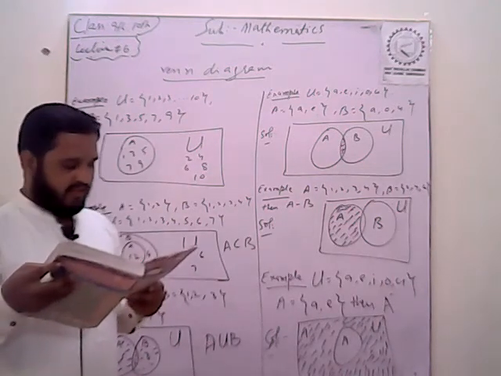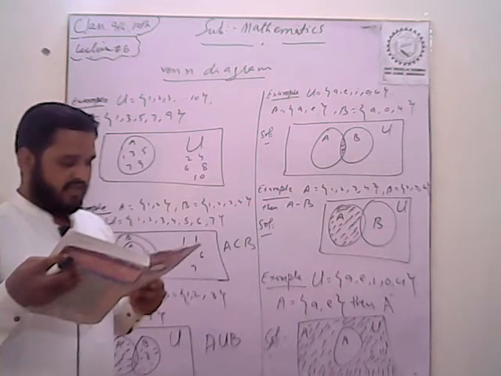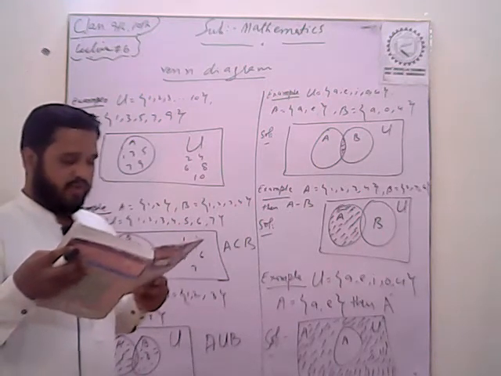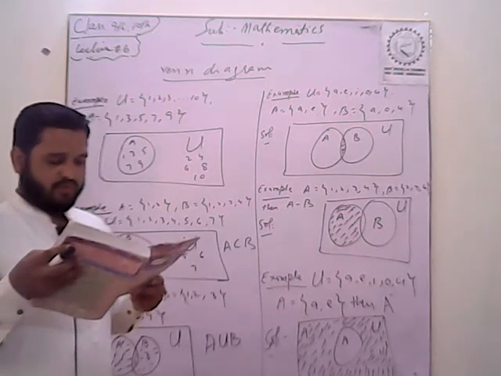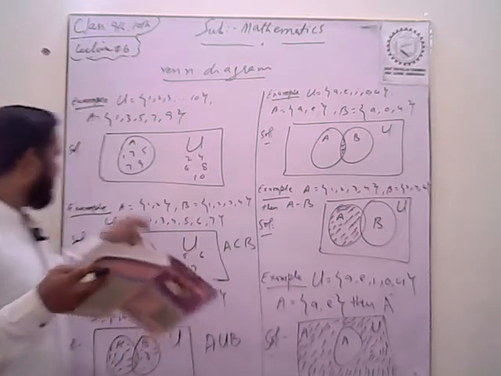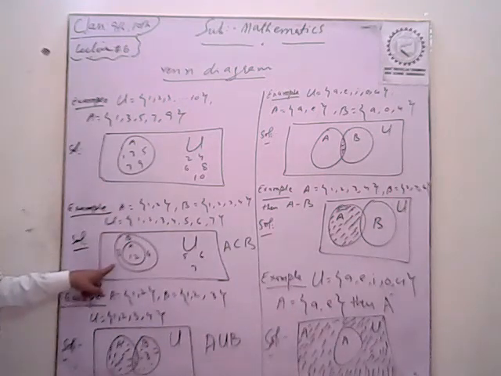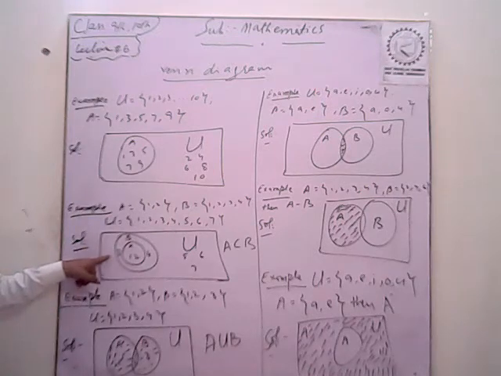Inside this rectangle, circles or other simple closed geometrical figures are used to represent sets. You can see there are some circles in this rectangle. Each shows a set or subset.